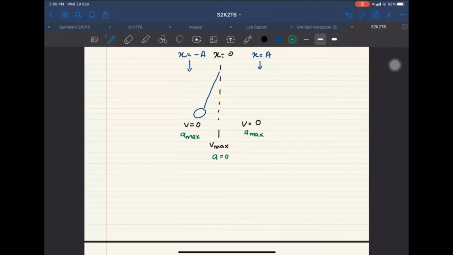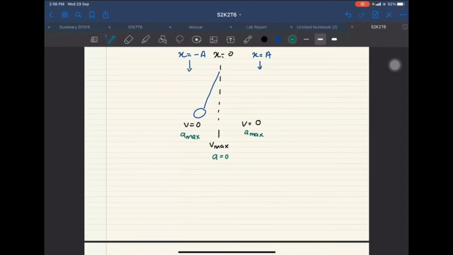How about the energy? Okay, if I want to relate with kinetic energy, depends on apa? Apakah faktor-faktor yang mempengaruhi kinetic energy? K sama dengan apa?